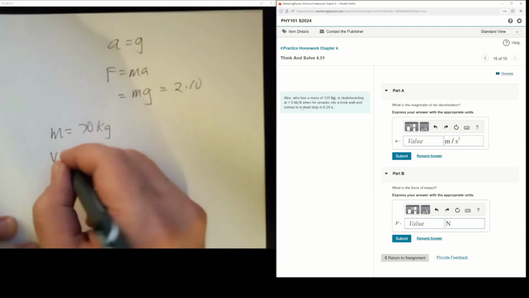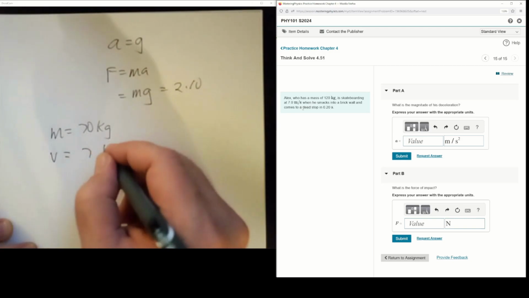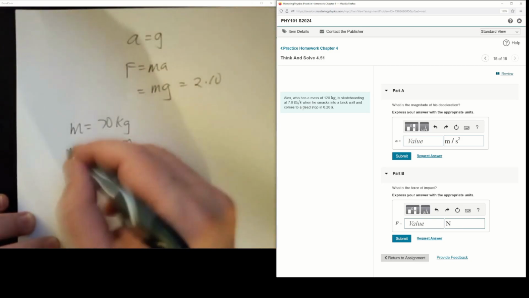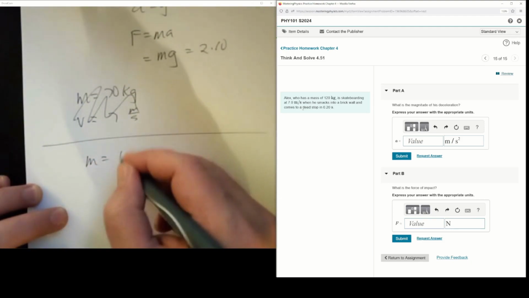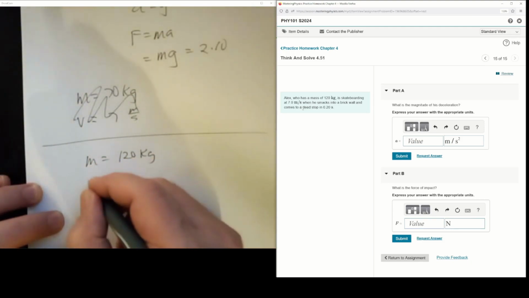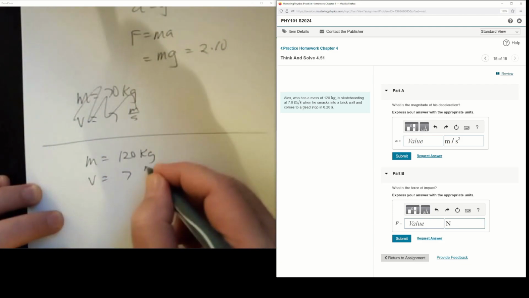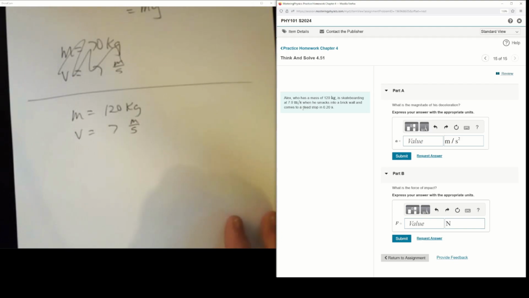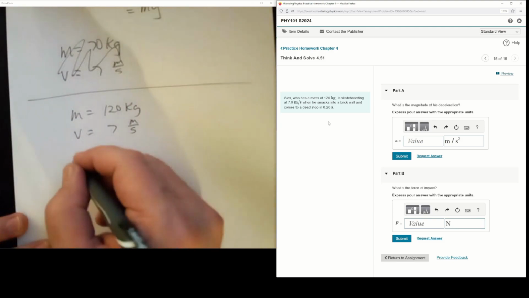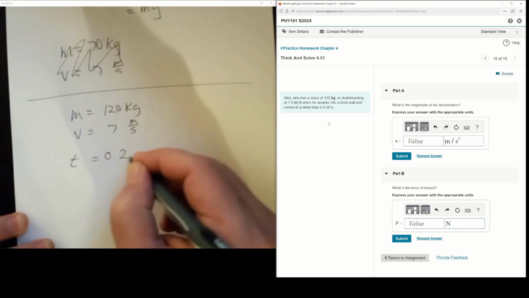Oops, I put mass here. That's just the average mass of a person. Alex is 120, and they're telling us the velocity is 7 meters per second when he smacks into a brick wall and comes to a dead stop in 0.2 seconds. So we get a time here, 0.2 seconds.